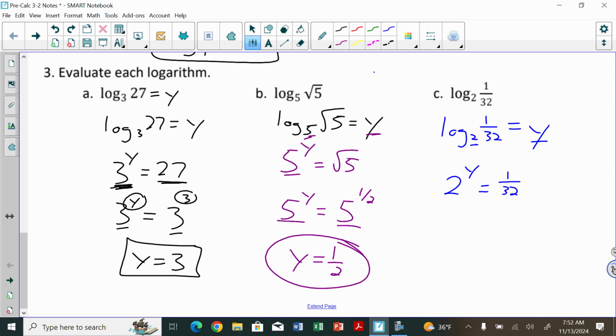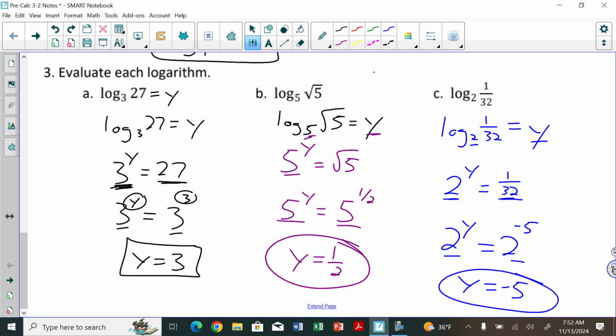And now, again, can I write this with the same base number? Can I express this in terms of 2 to a certain power? I can. Remember, 2 to the 5th power is 32. So this would actually be 2 to the negative 5th power because it's in the fraction form. If you can remember that, then you're in business. You've got bases of 2 now, so I know that y equals negative 5.